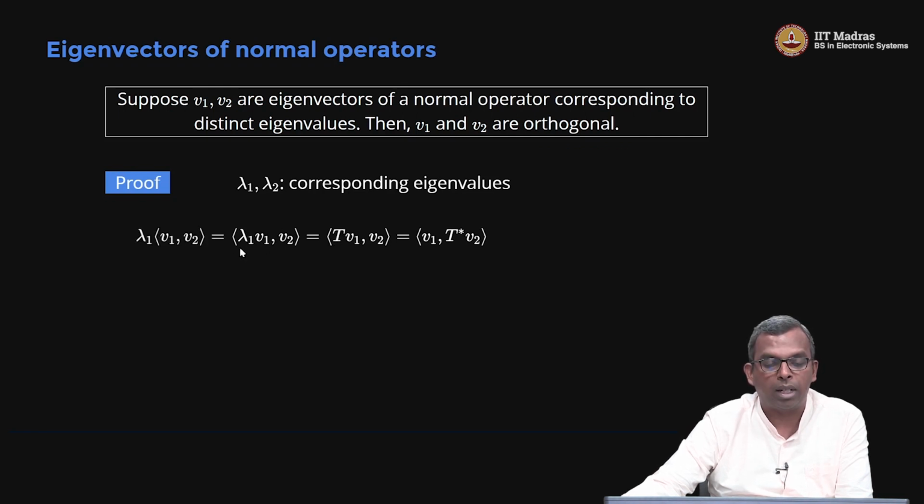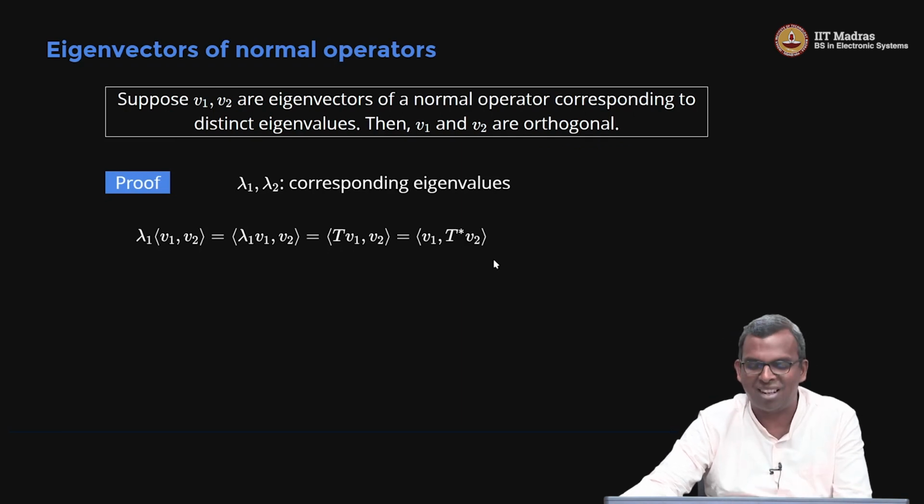Now v2 is also an eigenvector of T star with eigenvalue lambda 2 bar, the conjugate of lambda 2. We are going to use that property here and write it as lambda 2 bar times the inner product of v1 and v2.